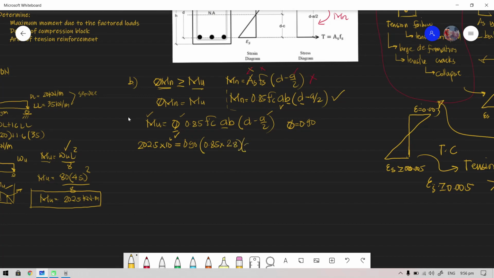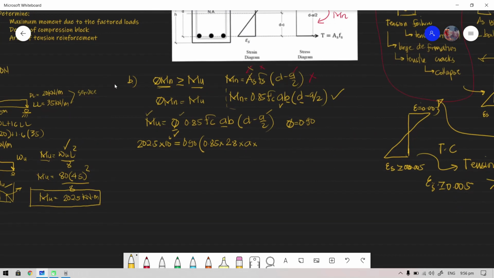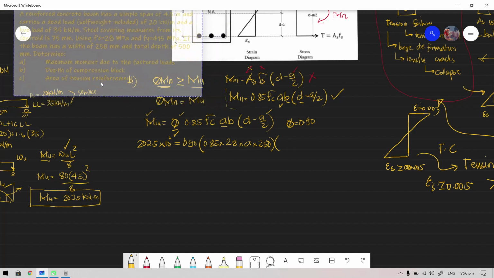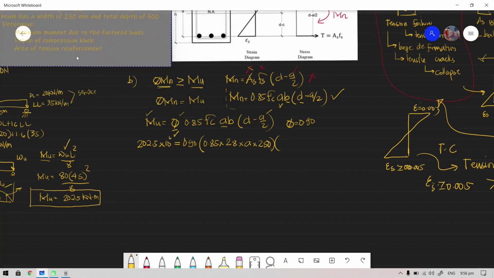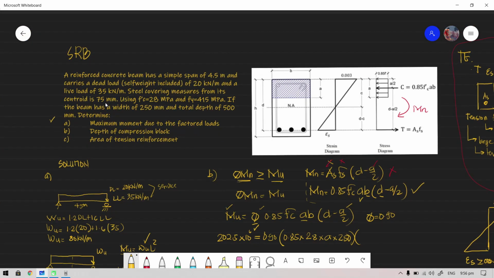Okay, we have A na unknown, and then yung B is 250. Ayan, 250. Ang D natin is 500. Kaya lang sinabi niya, ang steel covering is 75 from centroid.